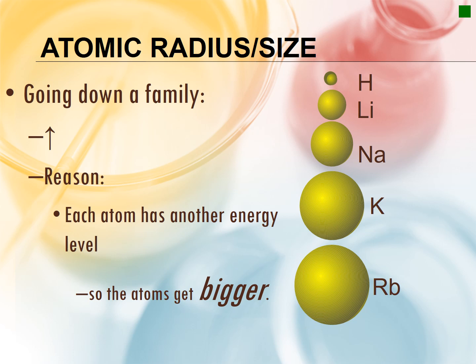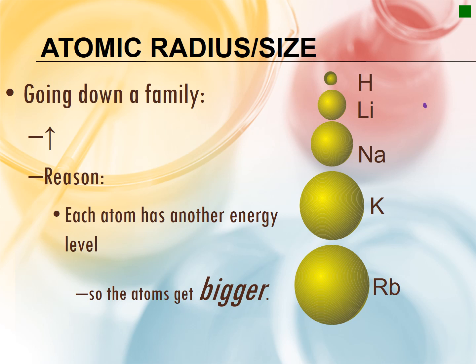So once we've got our definition down of how we can measure it, what is the trend going down a family or a column? What is the trend going across a row, or a period? When you go down the family, it's pretty self-explanatory if you think about the reasoning we saw in the previous videos about why these trends occur. What do you do when you're going down a family?